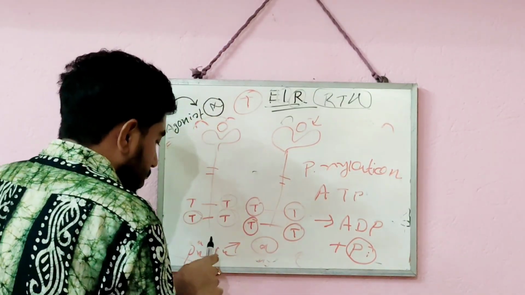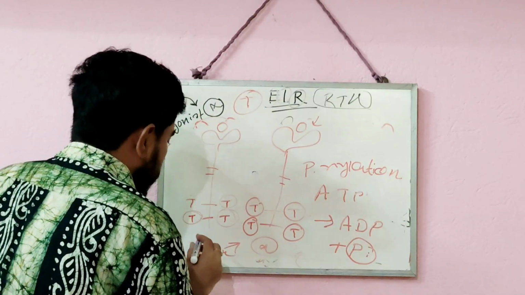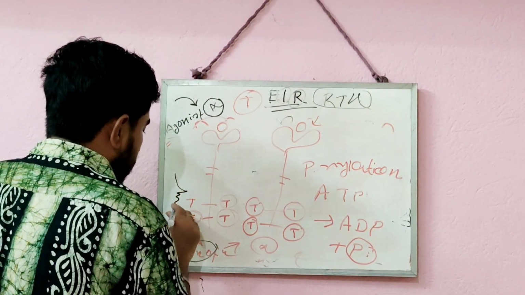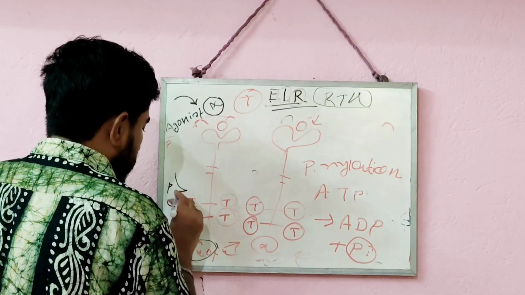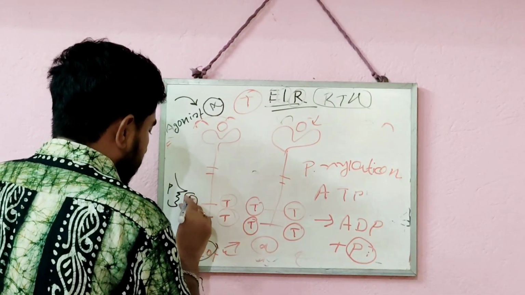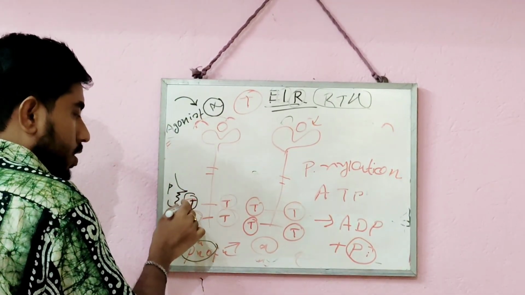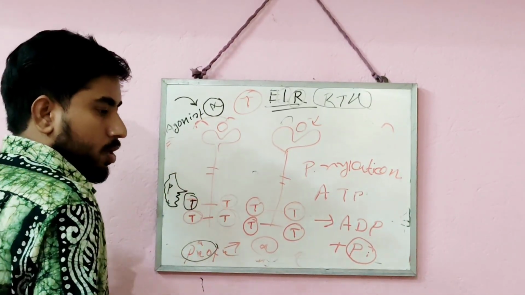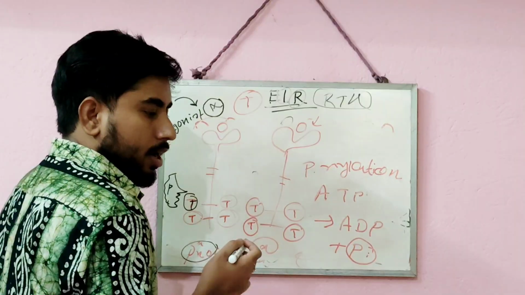Whenever the protein is activated, that activated protein will come and bind with that tyrosine. So the tyrosine enzyme will bind with that protein. That can be a different protein, which we will discuss in other classes.